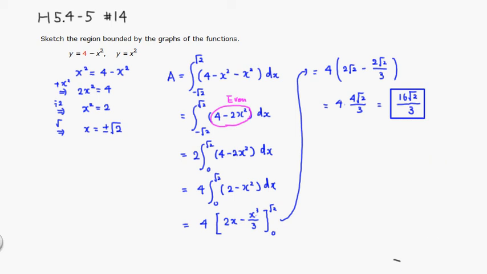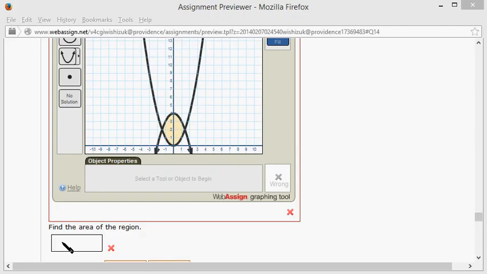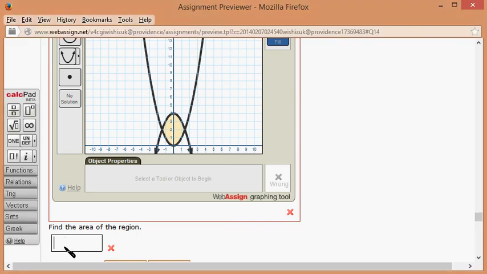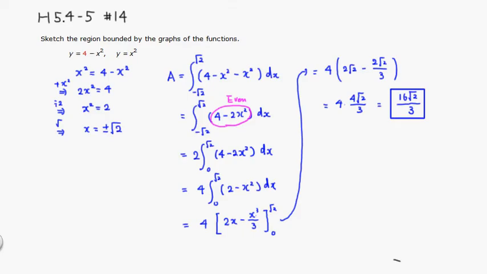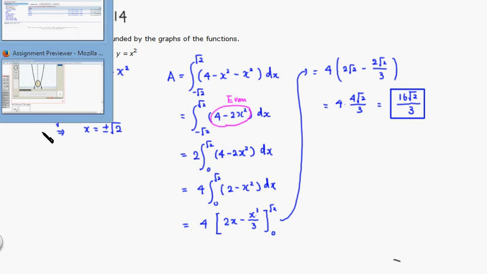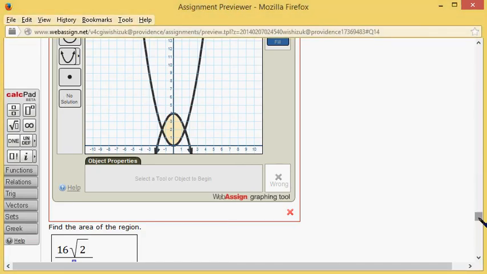So let's type it in. The answer we found was 16 square root of 2, divided by 3.